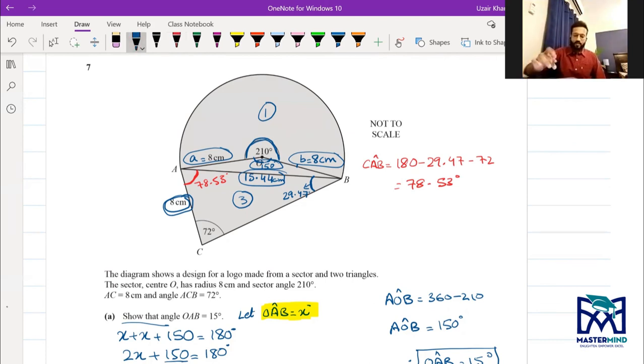Now our values for the area of triangle formula are complete. We're going to use that. So 1 upon 2 times 8 times 15.44 times sine of angle 78.53.